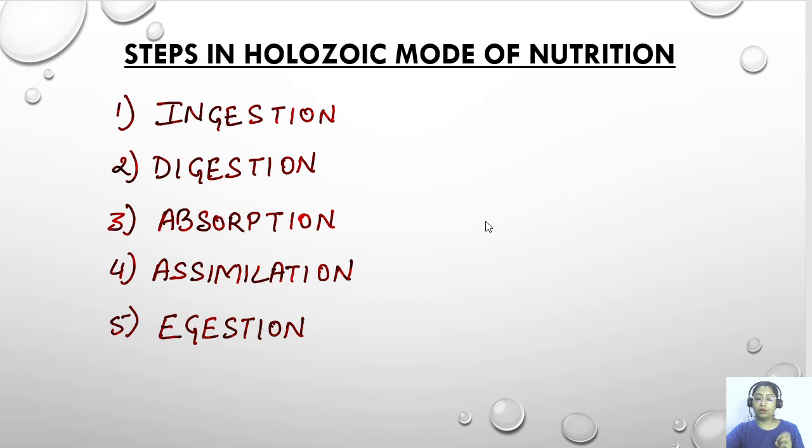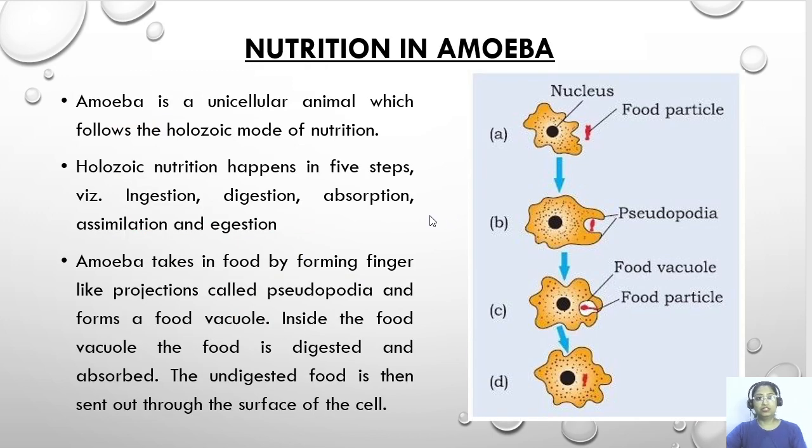Then absorption means when the organism is absorbing all the nutrients into the body cells. Assimilation means when the organism is utilizing this nutrition for the production of energy and for its own growth and development. And the final step is egestion, when the organism is throwing out the waste materials from the body.